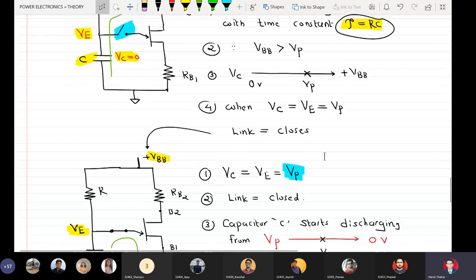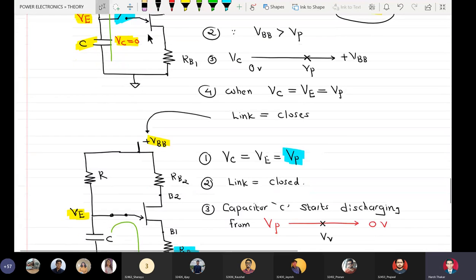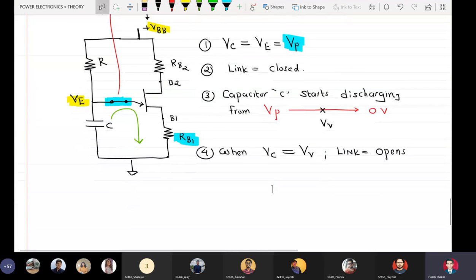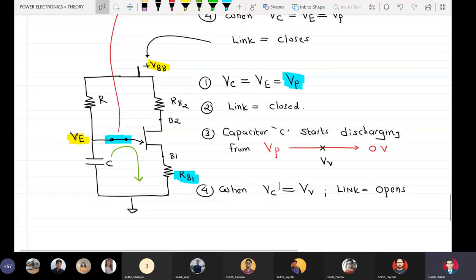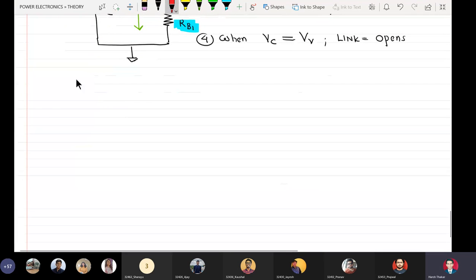So this circuit again shifts from this mode to this mode. So the saga continues: when the link is open, the capacitor charges, and when the link is closed, the capacitor discharges, and this continues to happen.